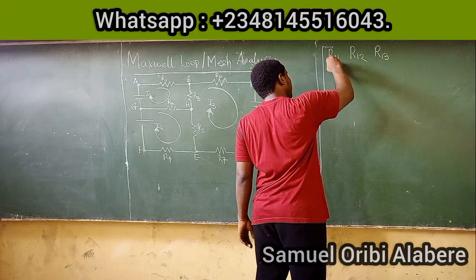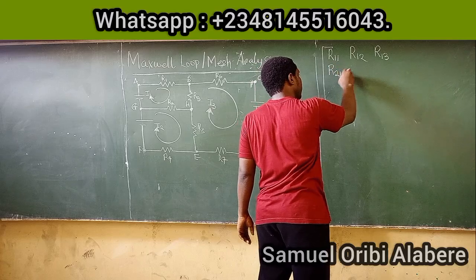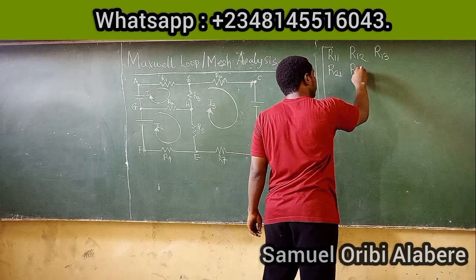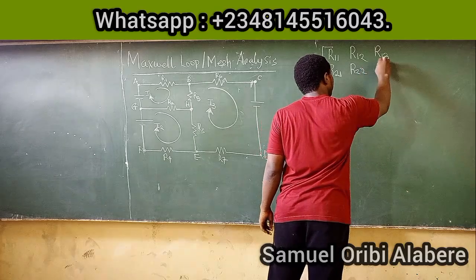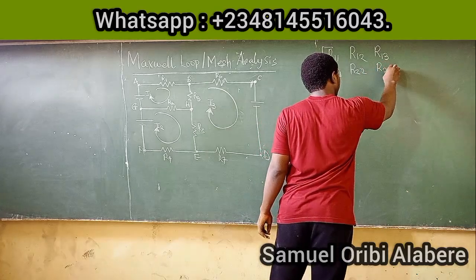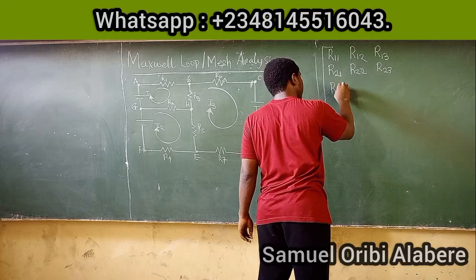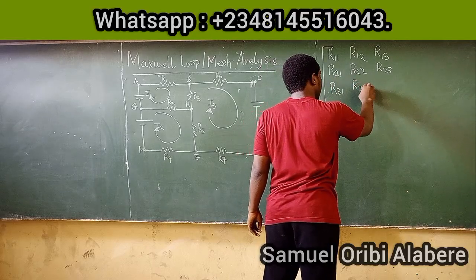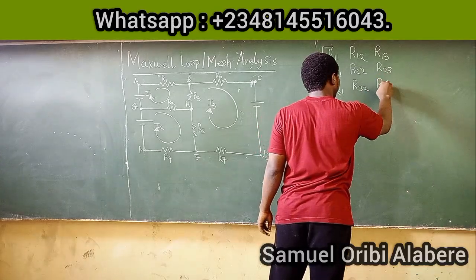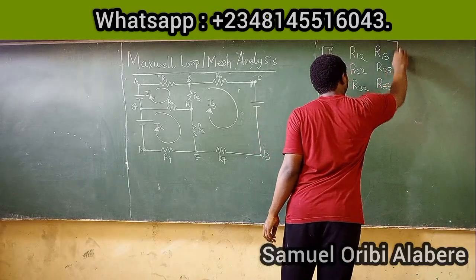Then for the second row, we have R21, R22, R23. Then for the third row, we have R31, R32, and then R33, all in brackets.